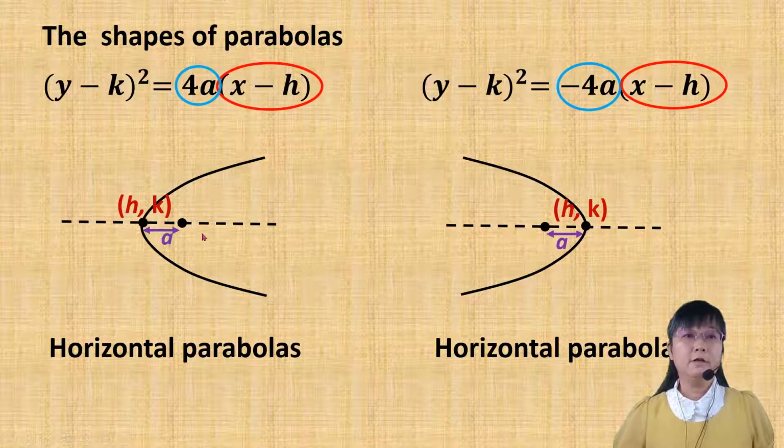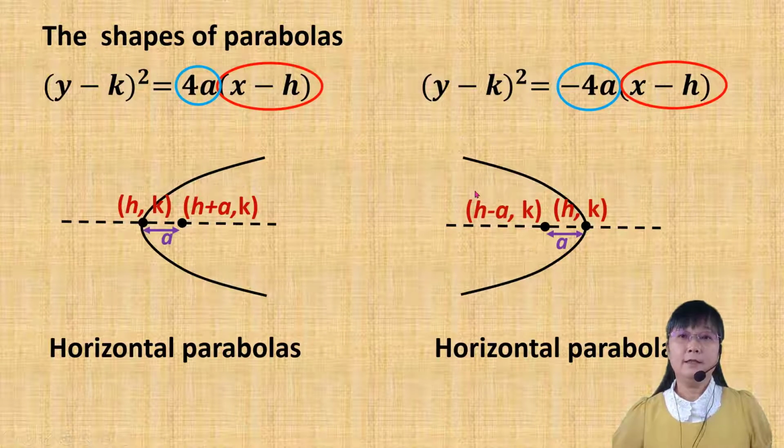If the focus is on the right-hand side, then the value of x will change, becoming h plus a. If the focus is on the left-hand side, then the x value becomes h minus a.